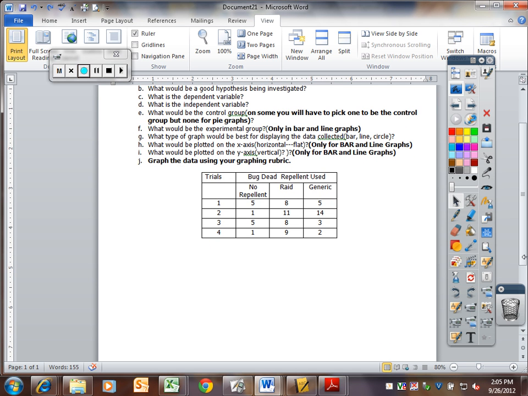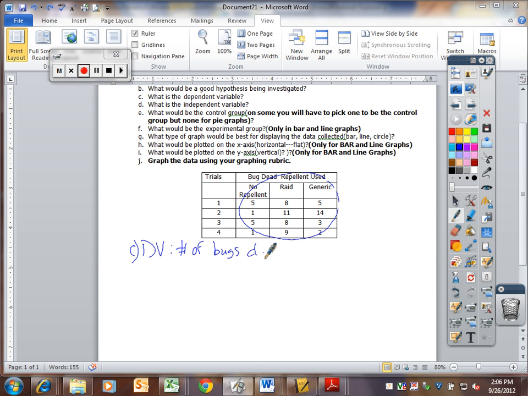Okay, dependent variable. C. The dependent variable is what we measure. So here, we're going to be measuring the number of bugs dead. So the number of bugs dead is our dependent variable.